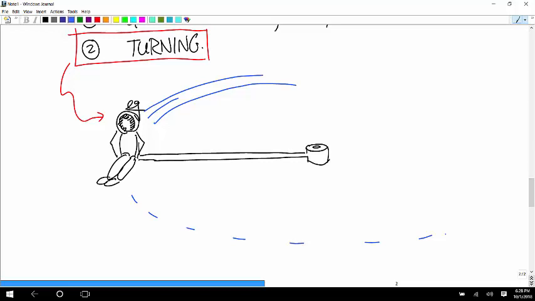The speed isn't changing, but your direction is changing, and that's why you can feel the acceleration. There are a lot of rides that use the fact that you're changing your direction fast to cause an acceleration, even when the speed isn't changing that fast.